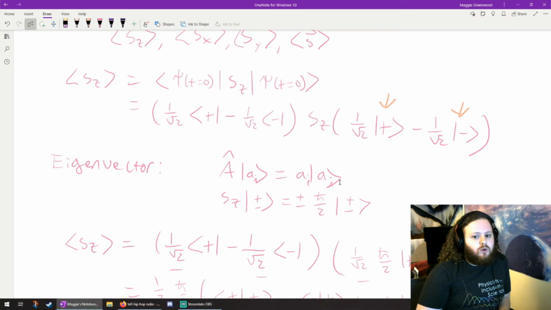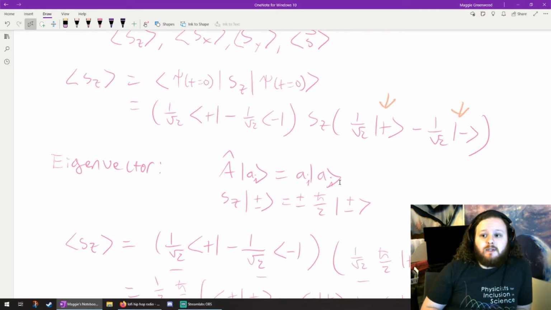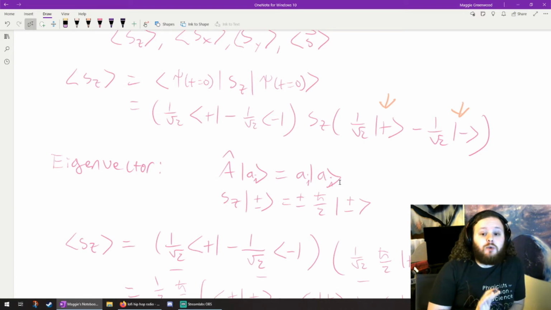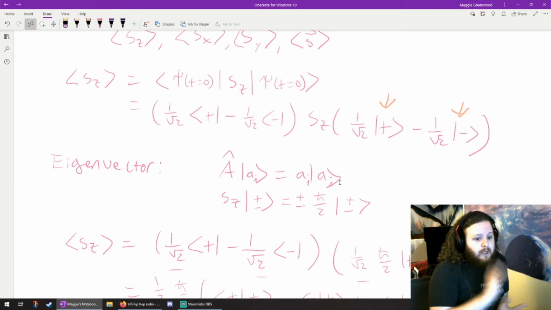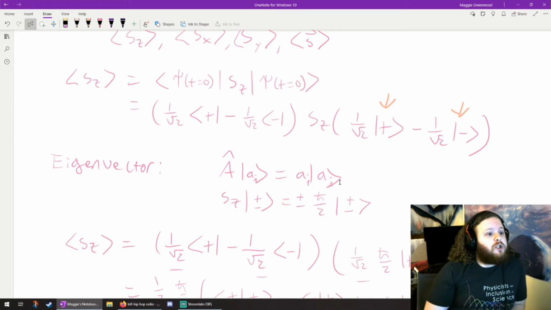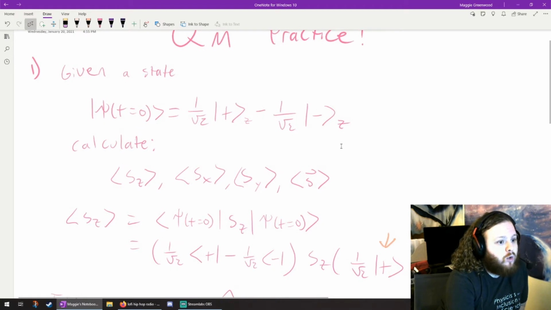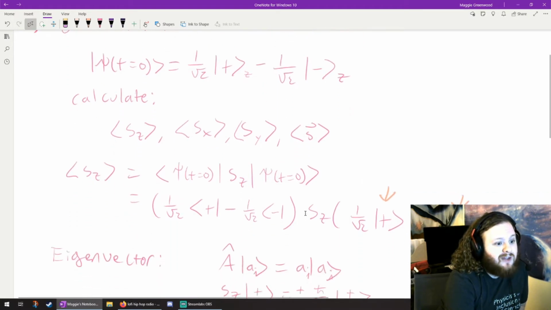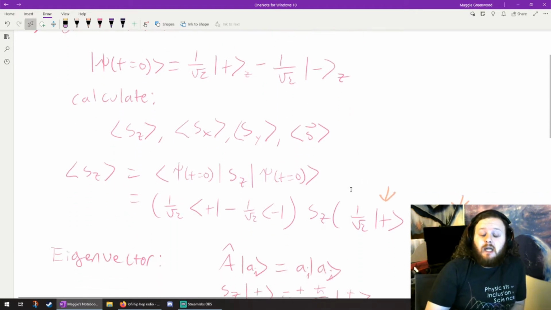But as someone who has been required to do a lot of matrix multiplication in my life, I'm doing everything I can to avoid that. Matrix multiplication is the last thing I want to do right now. And so I'm going to choose option 2 instead, which is to write down the state I'm given in the x basis. Because if I write down the state in the x basis, then I actually know what Sx does to it.